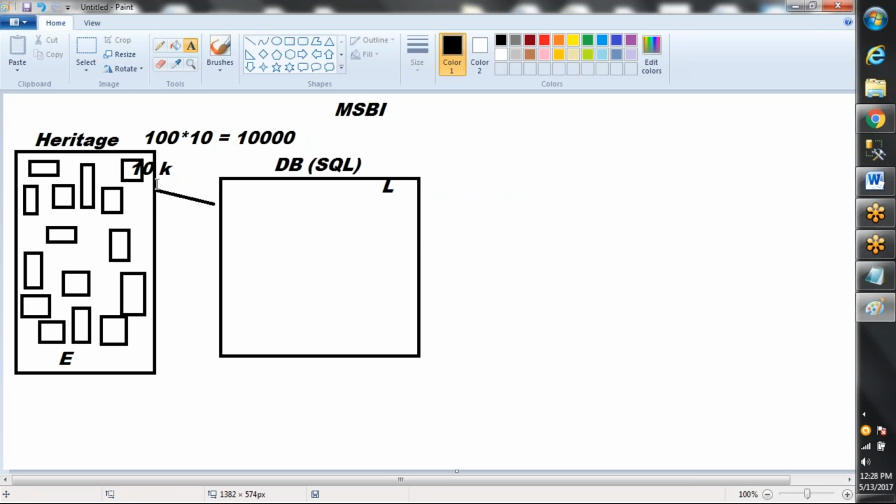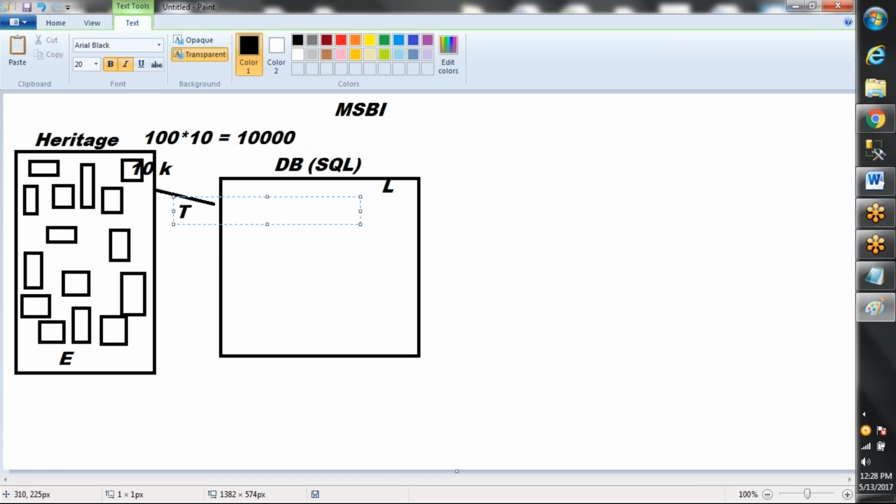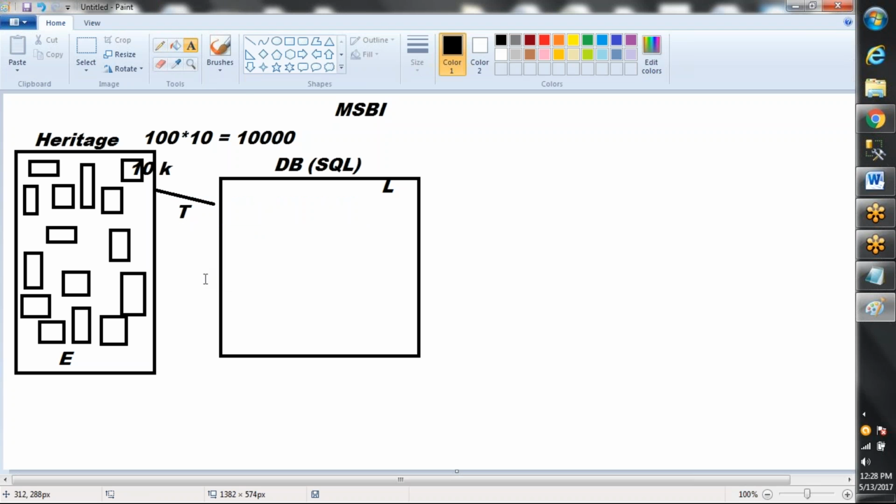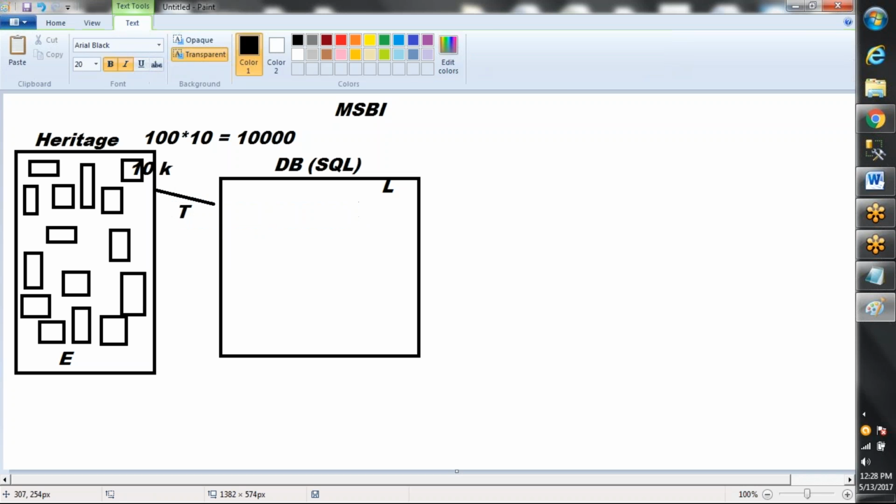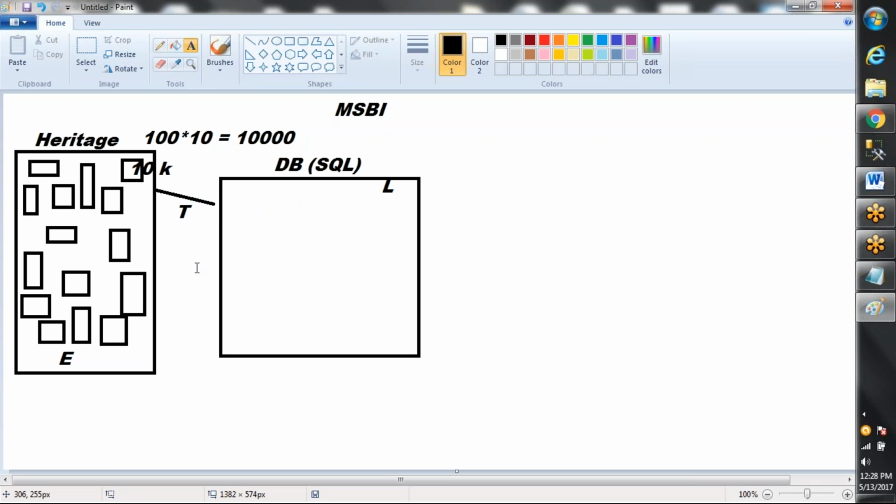Now while you are transferring all of these files, you're also doing some data validation or data scrubbing, which we are calling transformations. So here is the scenario wherein you can analyze, okay, there is some data migration wherein you're trying to migrate the data from flat files to SQL, and you're also trying to do the transformation.